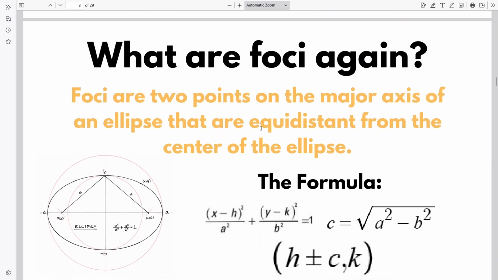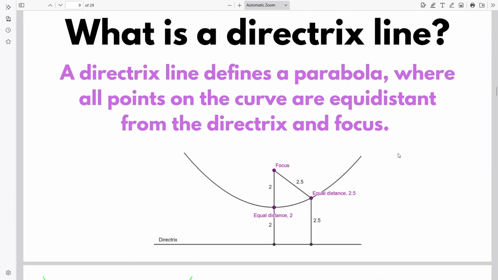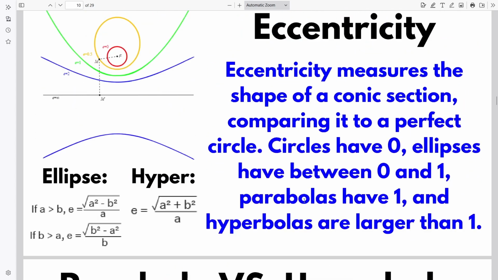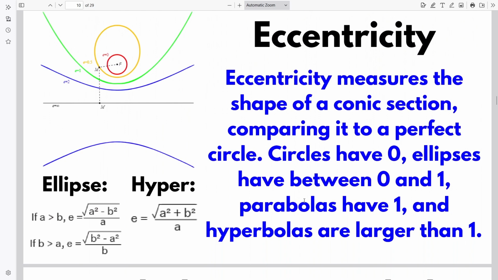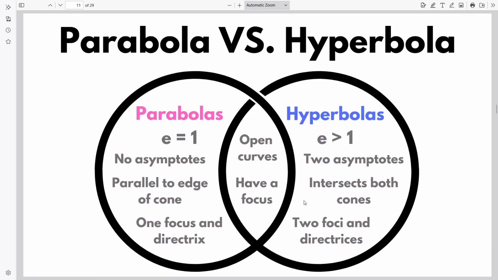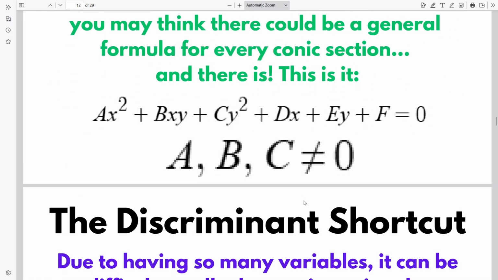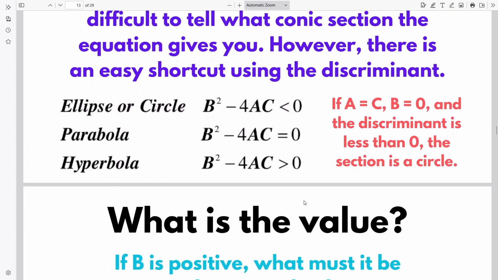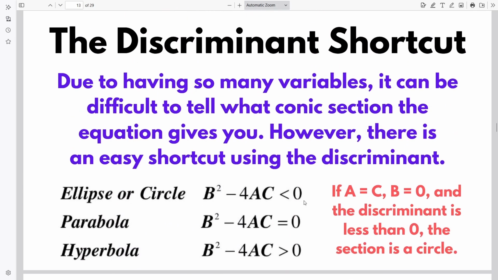Also remember foci and what a directrix is, because those might appear in your Algebra 2 class. Eccentricity is basically how close it is to a circle. Know the difference between a parabola and a hyperbola, so you don't embarrass yourself, and the conic section formula, where really only the discriminant is useful. And then we did a bunch of quizzes together.